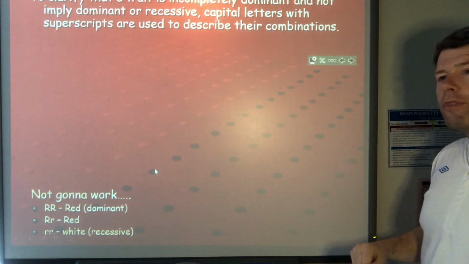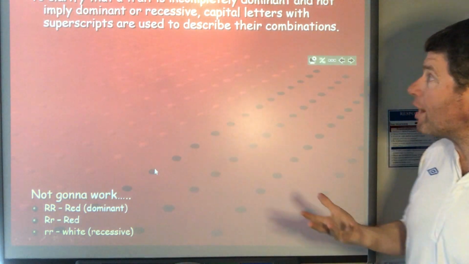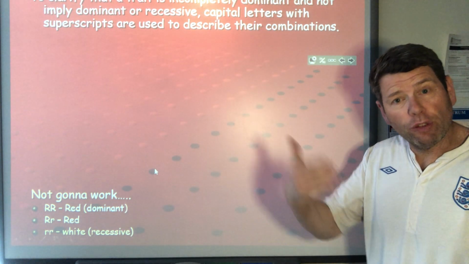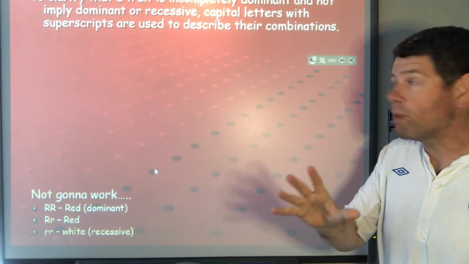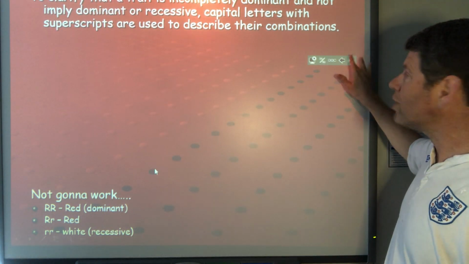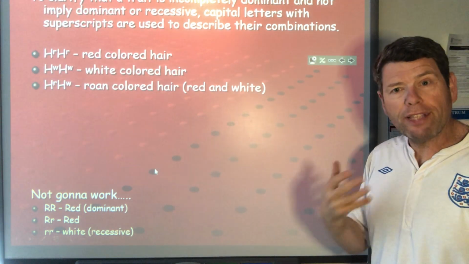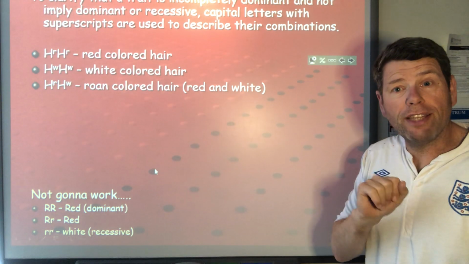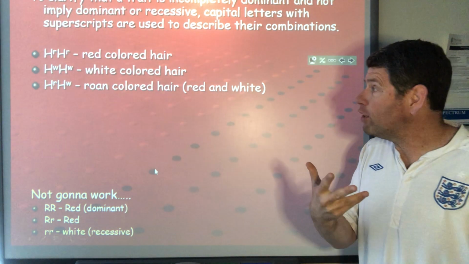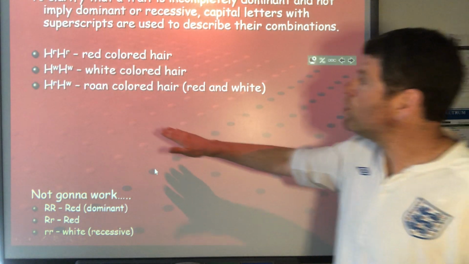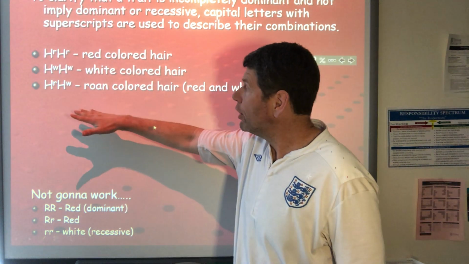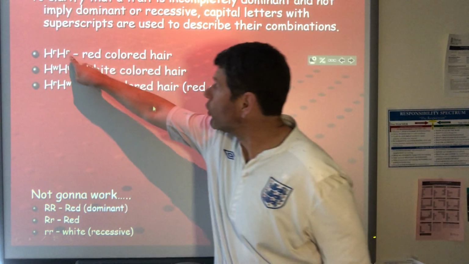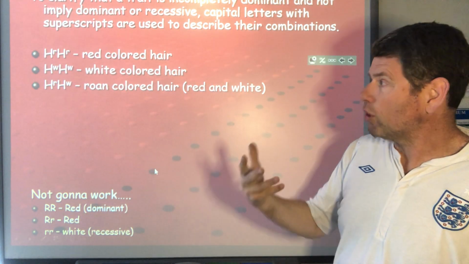Now, when we're doing these kinds of crosses, we can't use the capital letter, little letter, like we typically do for dominant versus recessive. So what we often do is use a capital letter to represent the trait, and then we use superscripts for the forms that the gene can take, which are equally dominant. For example, if we used hair color, like with our cattle, then capital H stands for hair, and the superscripts are the alleles that we can have.